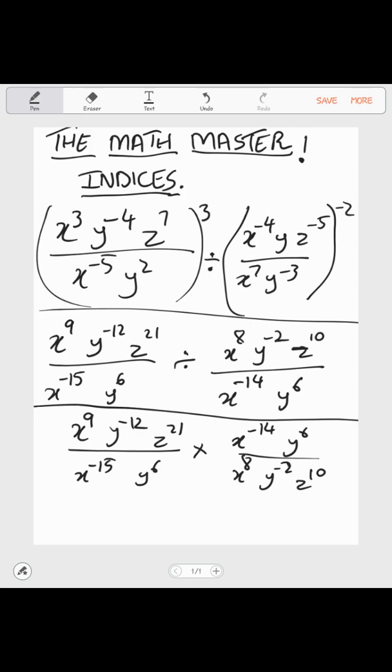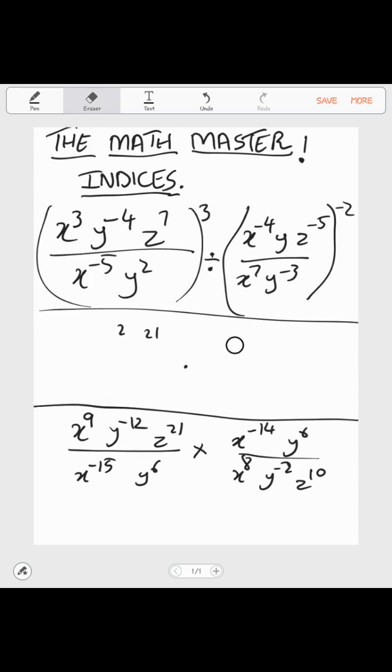Now we can easily cancel them out, and you can do it. You want me to cancel out or what? I don't think I need to, but I will. No problem. So you guys know how to cancel it out as well.